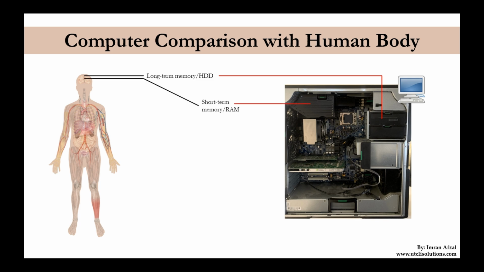Then comes short-term memory in our head, which in computers we relate to the RAM, random access memory, and it keeps that information as long as the computer is running. Then the brain is the main, critical part of our body that does a lot of computation, calculation, and analysis. Same thing: the CPU is the brain of the computer.